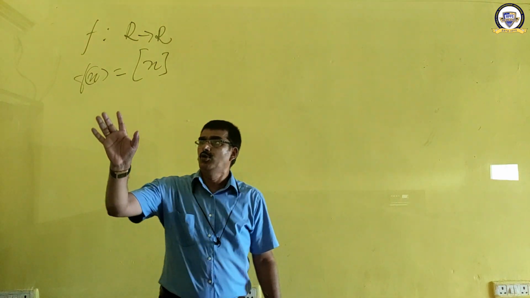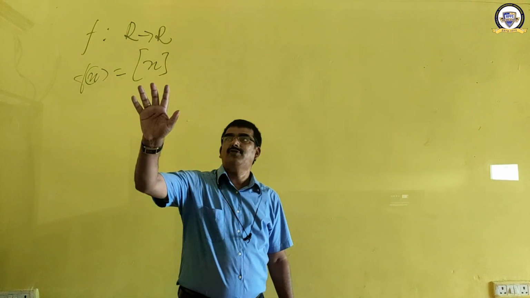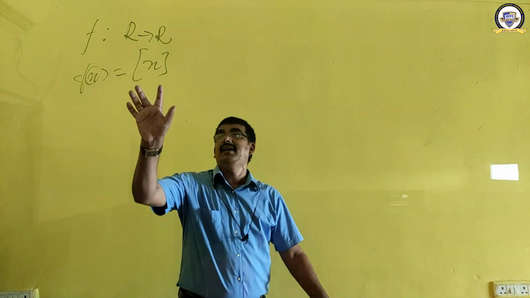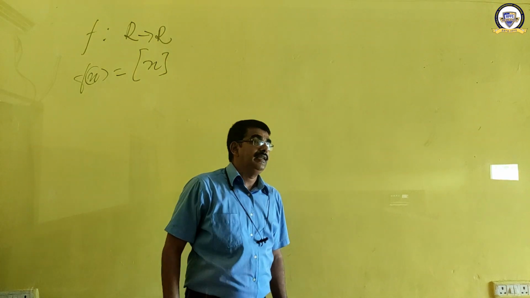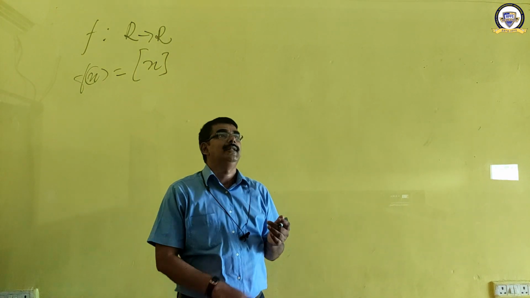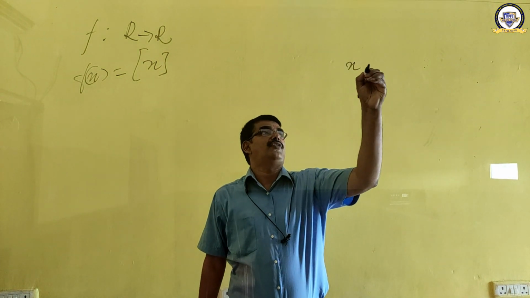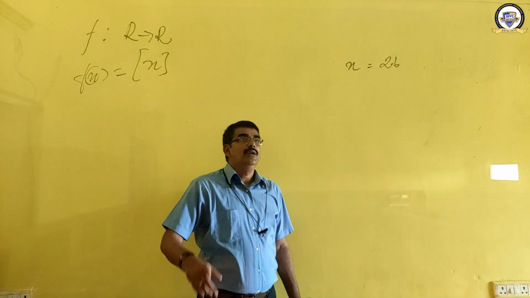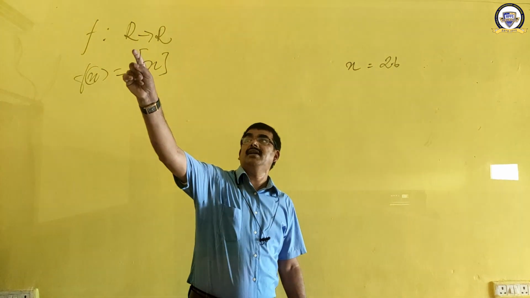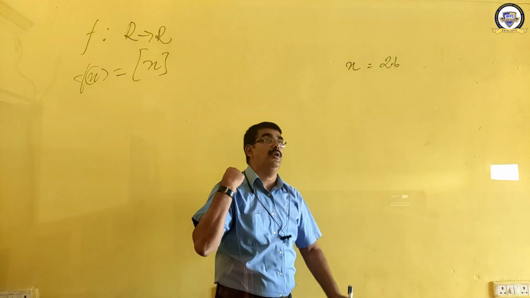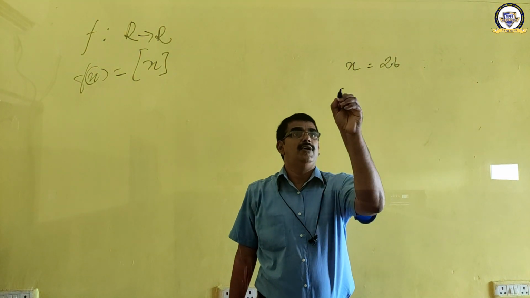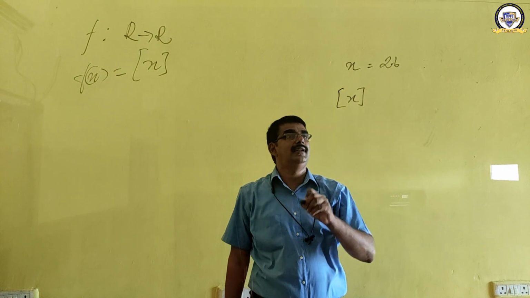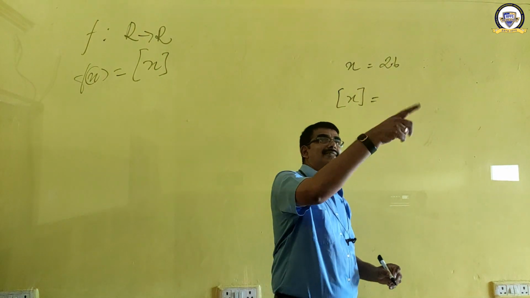Clear? So, to prove that, first of all, we have to study what the greatest integer function is. Greatest integer function means, let us consider the value of x is equal to 2.6. So, greatest integer function in the case of the real number 2.6 is x. If you write this as the greatest integer function, what will be its result?